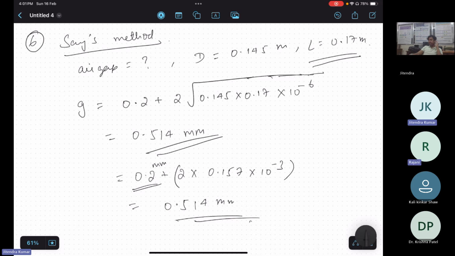Yes, that's correct, under root. Answer into 2, 3.14 into 10 power minus 4. Answer plus 0.2. You are getting, with under root, 1.57 into 10 to the power minus 4. If you multiply under root of 0.145 into 0.17, that's fine.